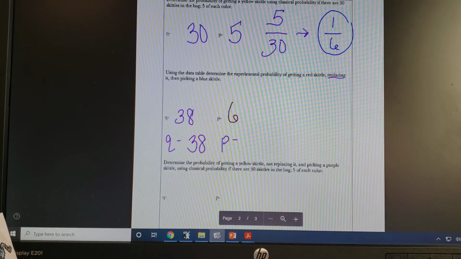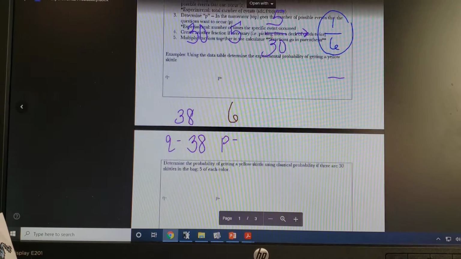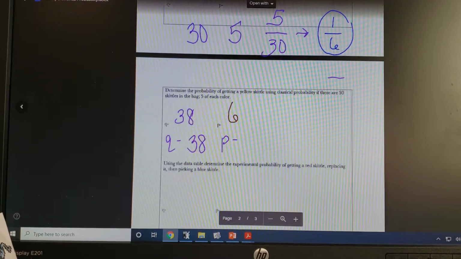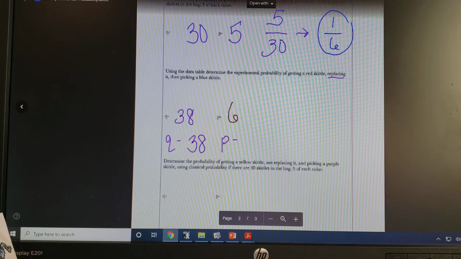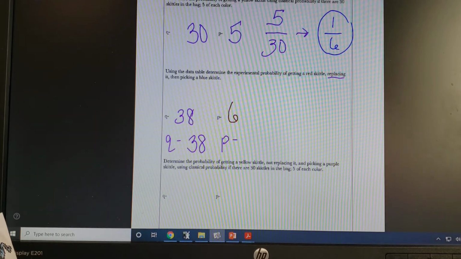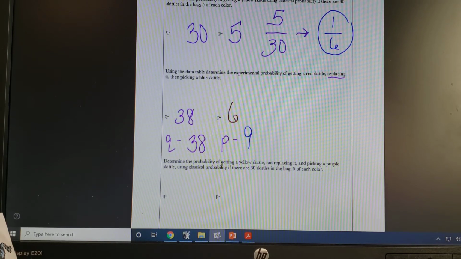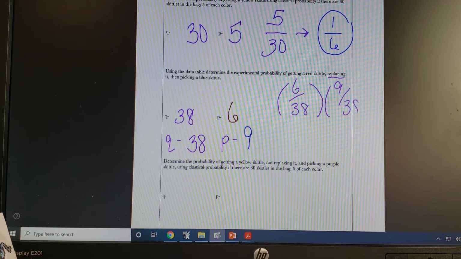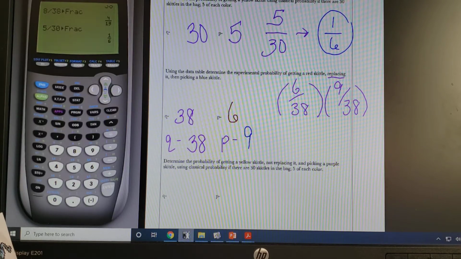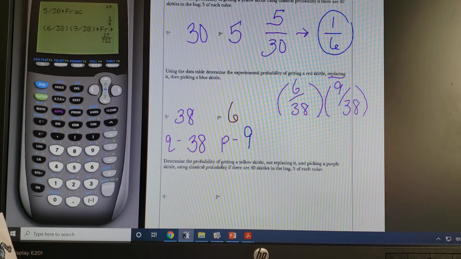And then I want blue. Blue is 9. So then I'm going to make my 2 fractions and multiply them together. 6 over 38, 9 over 38. Put those in the calculator, and then hit math, enter, enter. I'm going to get 27 out of 722.